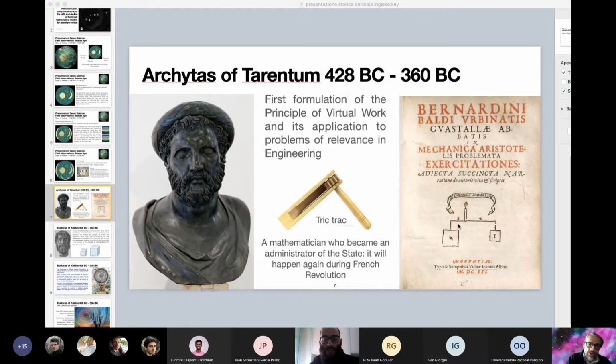And using some stylistic properties of the Greek text, which arrived up to us, many scholars managed to understand that it is due to Archytas the invention of the principle of virtual work and its application to the study of the equilibrium of levers.